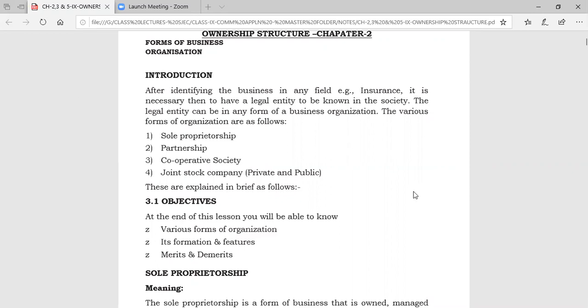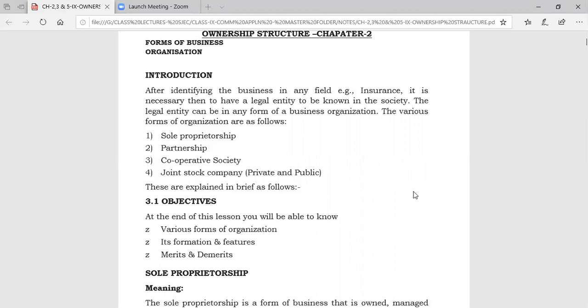Today we are going to start the discussion on ownership structure in our commercial application chapter. Ownership structure relates to the organization.